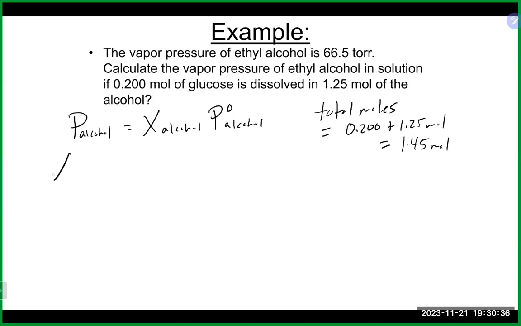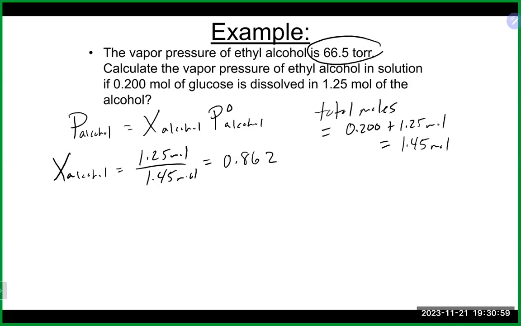That means the mole fraction of our alcohol will be our 1.25 moles of alcohol divided by 1.45 total moles. Once again, we're not going to multiply by 100. We take the decimal, which gives us basically 86%, 0.862.